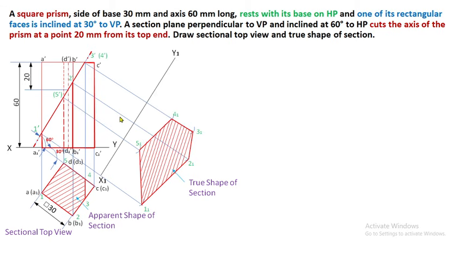Afterwards, you draw perpendicular projectors. After drawing the perpendicular projectors, measure the distance of point 1 and transfer the same distance on the corresponding projector 1 dash, using x1 y1 as reference like xy. Complete all the 5 points. You can finish the solution of this problem.